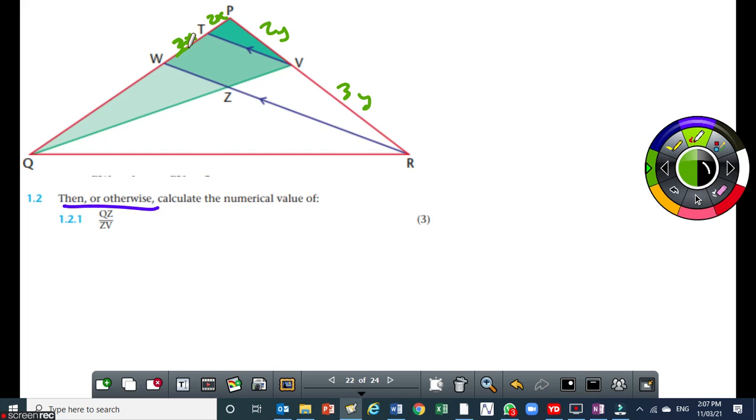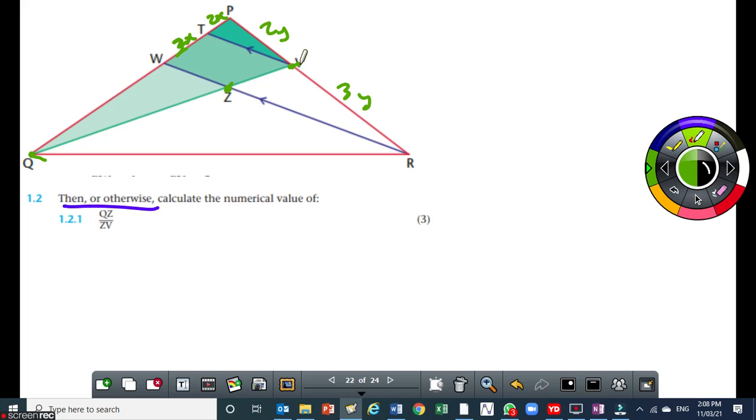For now, this is what we got. So the question says QZ. It's from here up to there. That's QZ, over ZB. This is Z, that's B.